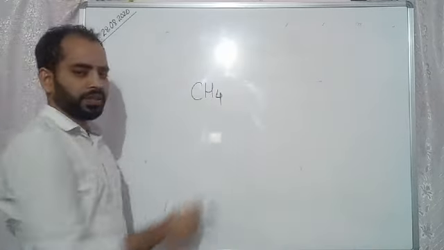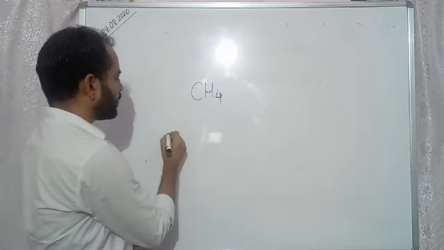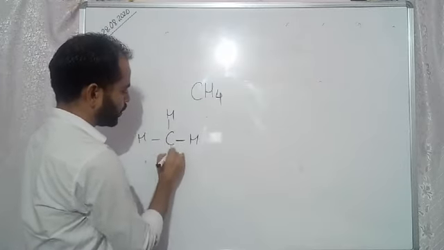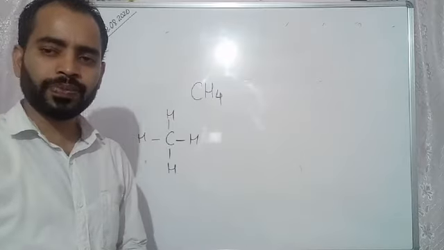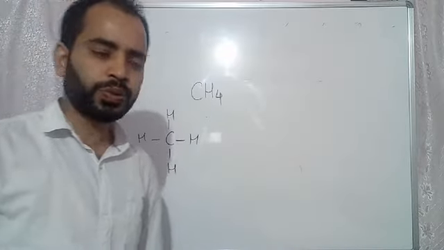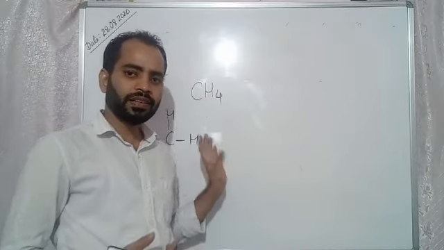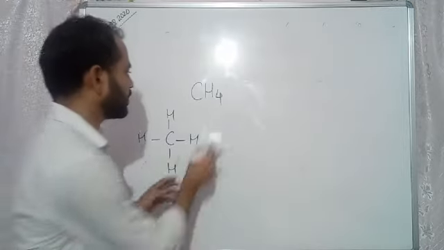What is the name of this one? This is your methane molecule. So normally we represent it like this. In two-dimensional structure we represent it like this. But if anyone asks you to write in three-dimensional representation, then this structure varies somewhat. How we will write it?